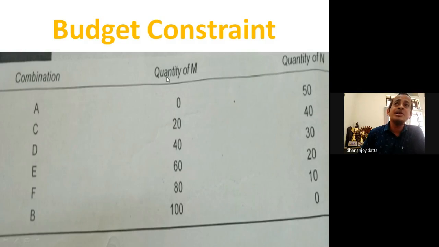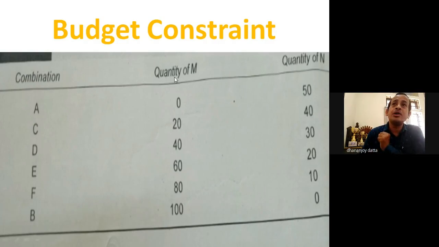Here it is mentioned quantity of M product and quantity of N product, and these are the combinations A, C, D, E, F, B. These are the different combinations of product which the customer can purchase with that given amount of 1,000.